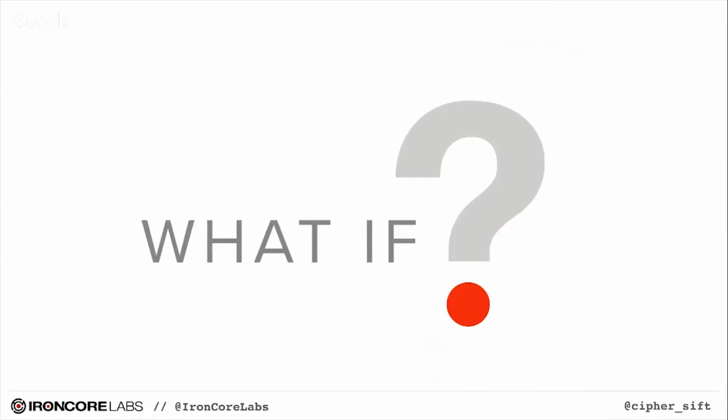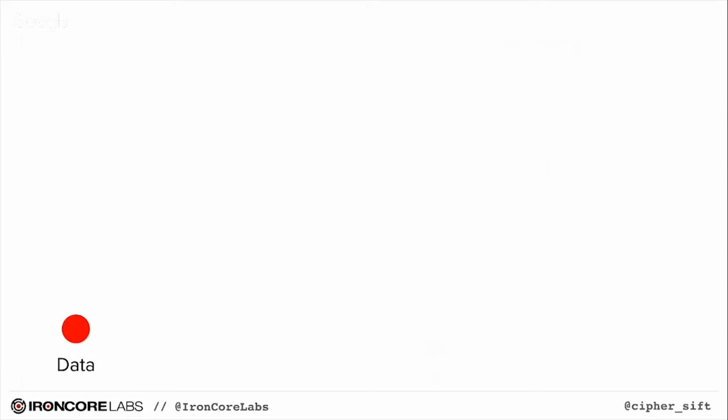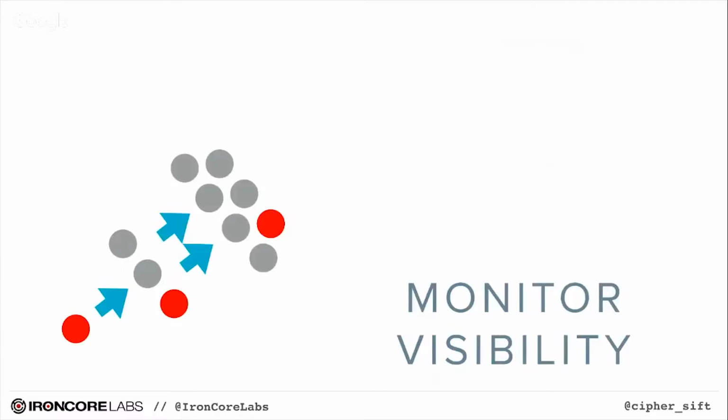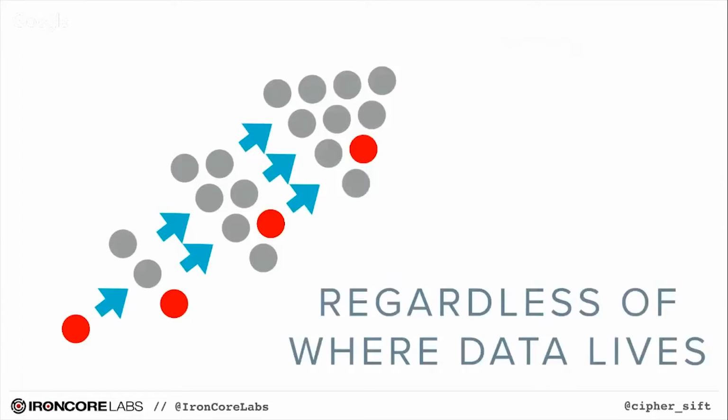But what if I told you there was a way to keep your data safe during the entire journey? As app developers, we want to implement that into our applications. What if you could control your data? What if you could decide who could have access to that data, and monitor that access, seeing how, when, and where that data is being used, regardless of where the data lives?